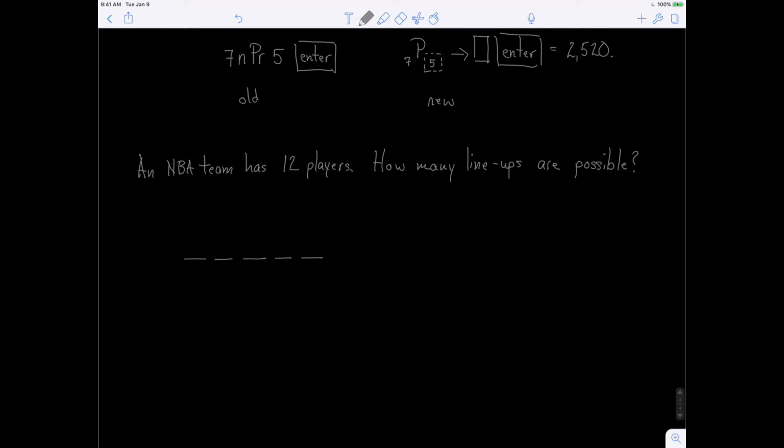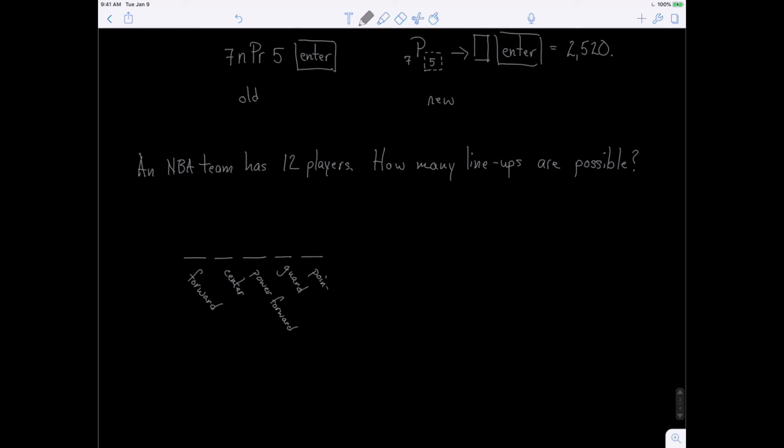Now, remember that in basketball, we'll assume that all the positions are different, because we have the forwards, the center, a power forward, a guard, and a point guard.